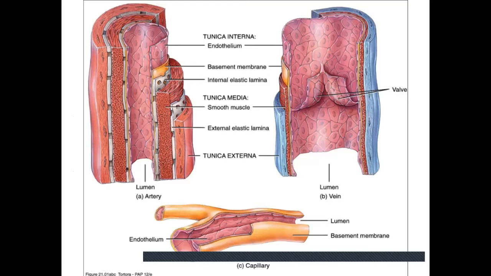The three layers are there in each of those three types of blood vessel: artery, vein, and capillary, but the quantities of tissue vary considerably. So the media is very thick in an artery, it becomes much thinner in a vein, and it may be almost invisible, maybe just represented by an occasional cell in a capillary.